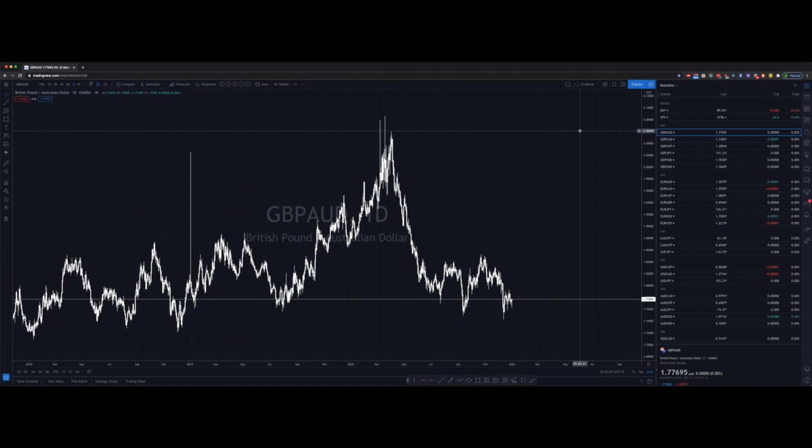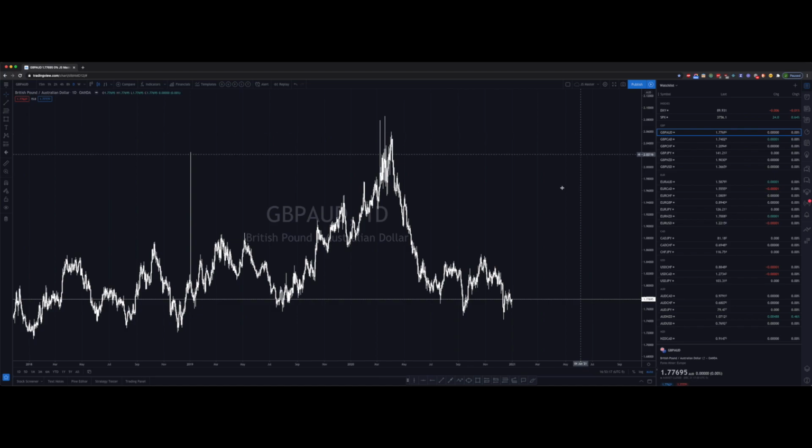For every pair, I'd probably start on the daily time frame and work my way down to the 4-hour time frame. I don't really go lower than the 4-hour time frame for marking up my charts. I just identify if I believe there are any clear trends or opportunities that may come up in the upcoming week.